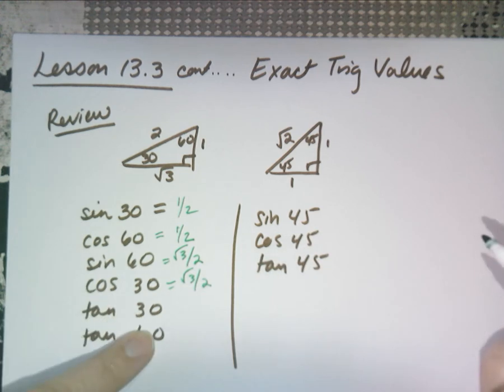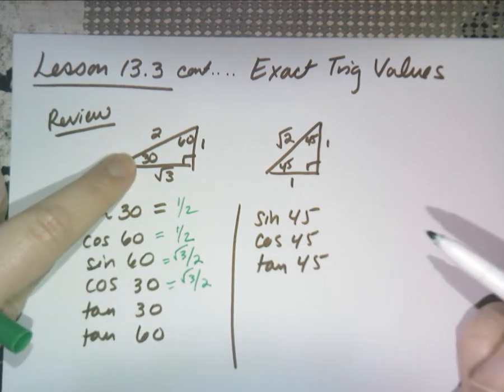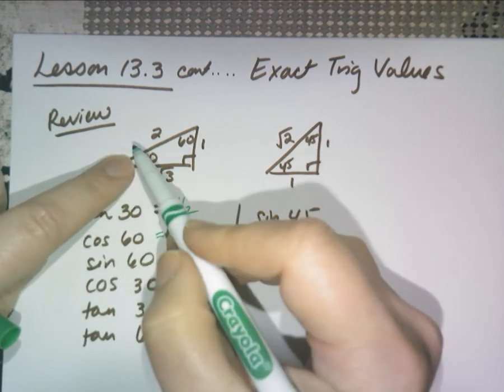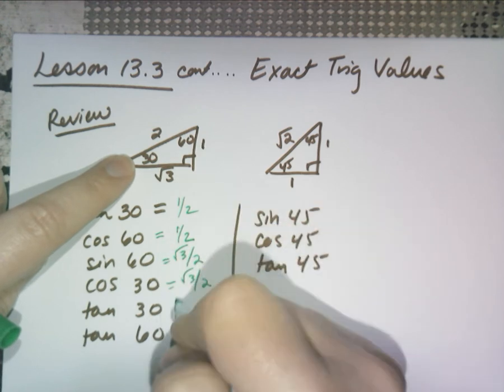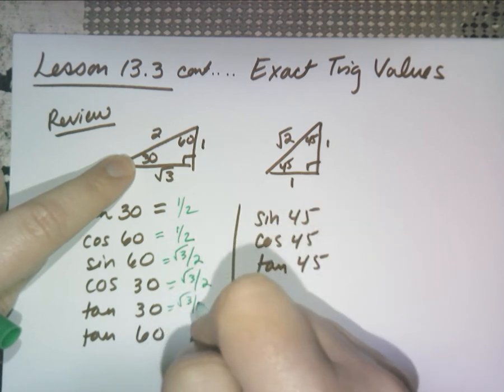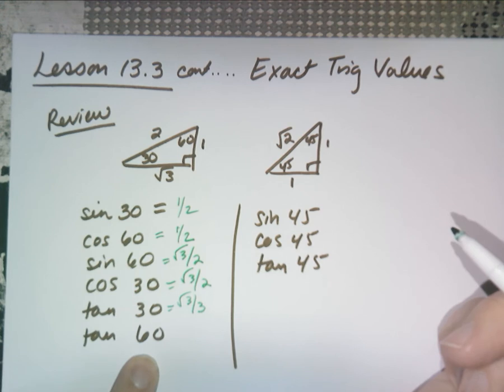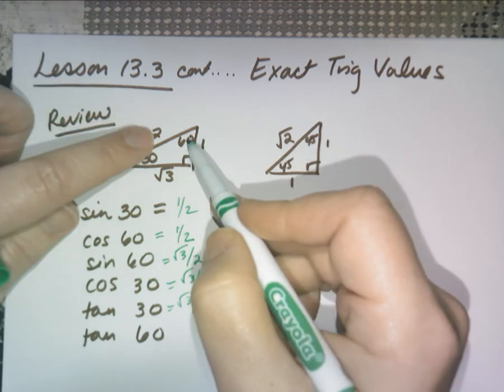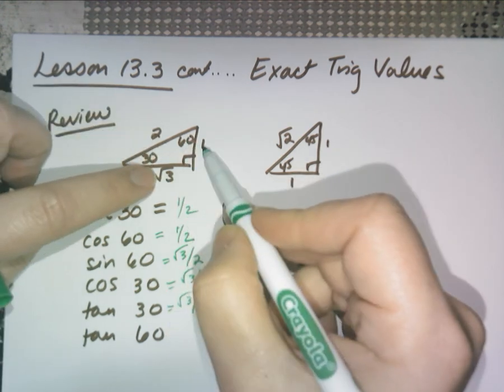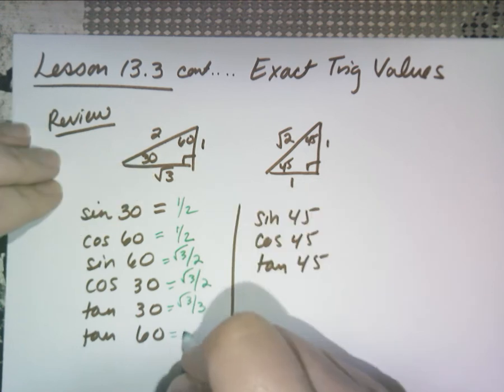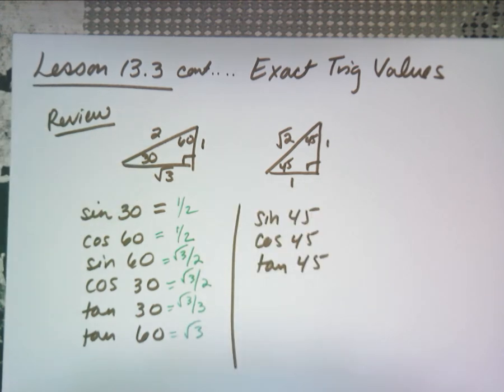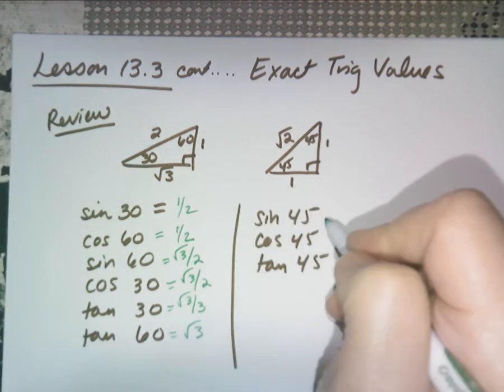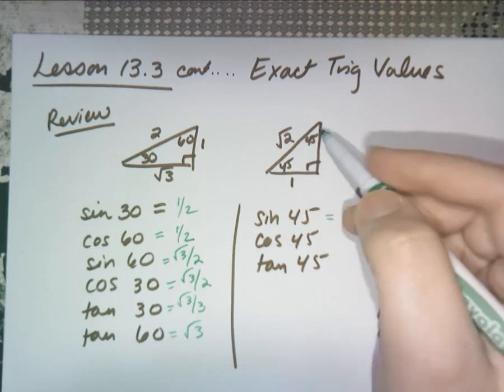Let's do some tan. What's the tan of 30? What is the opposite over the adjacent? Root 3/3, right? You would rationalize it to be root 3/3. What's the tan of 60? Opposite over adjacent, so just root 3. Now let's do sine. What's the sine of 45?